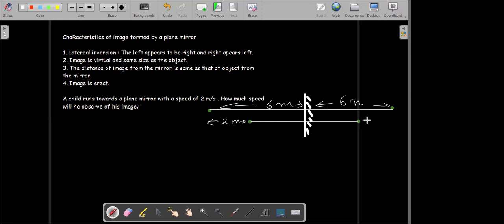Now you can check here that the distance between the object and the image, which was earlier 12 meters, is reduced to 4 plus 4, that's only 8 meters. So now the distance between them has changed to 8 meters. How much distance has been traveled relative between them? That's 4 meters, and hence the speed that he will observe is 4 meters per second. Got this?